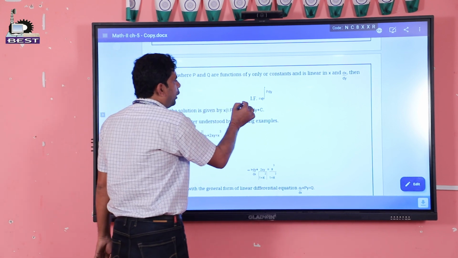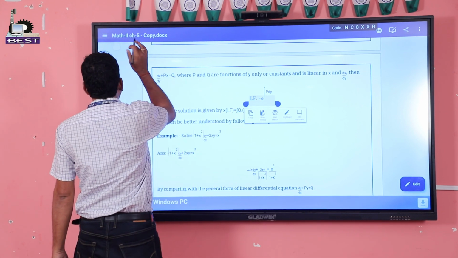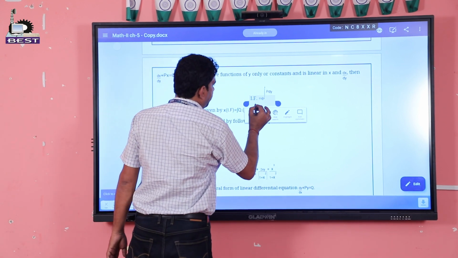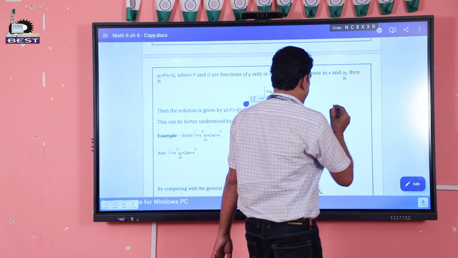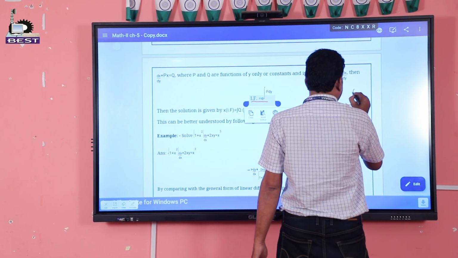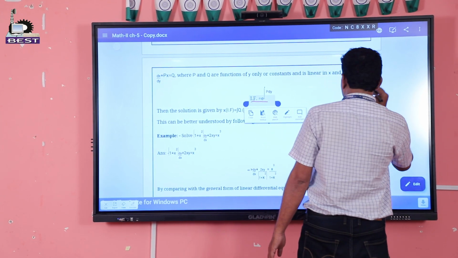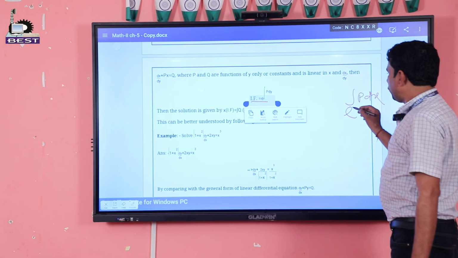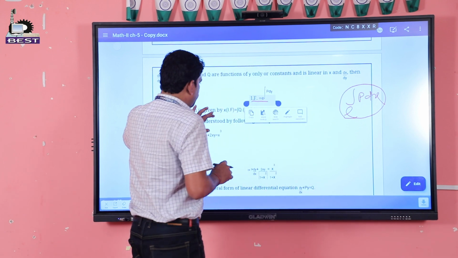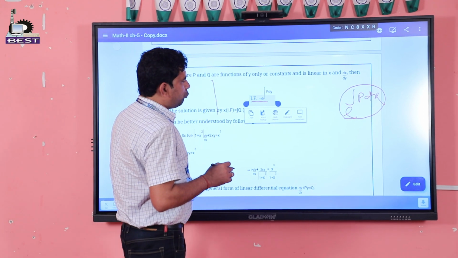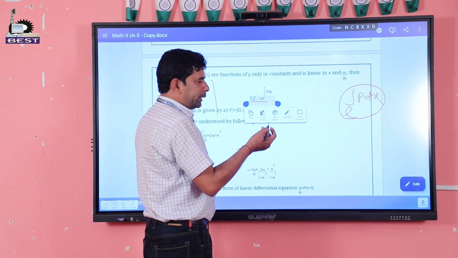First we have to find the integrating factor, that is IF. The integrating factor formula is e to the power integration of p dx. If an equation is of this form, then we go for the general solution.